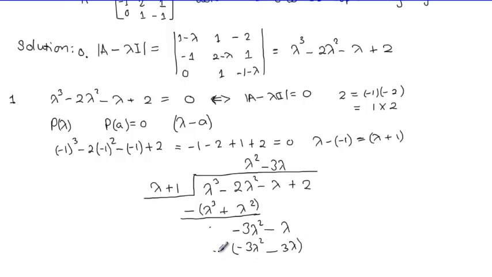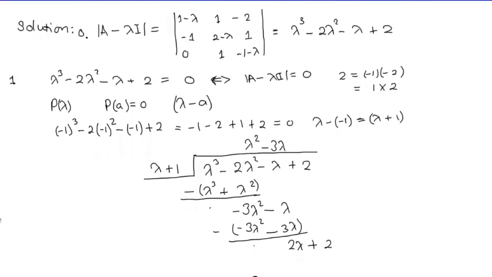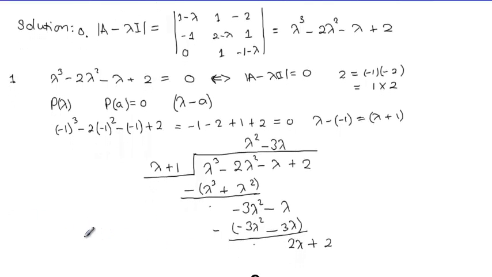We again subtract here. We get 0 here. Now we get plus 3 lambda here minus lambda. We get 2 lambda. Bringing these 2 down with that. Next thing we do, we divide again the leading term here.